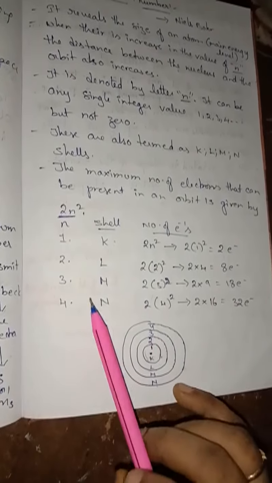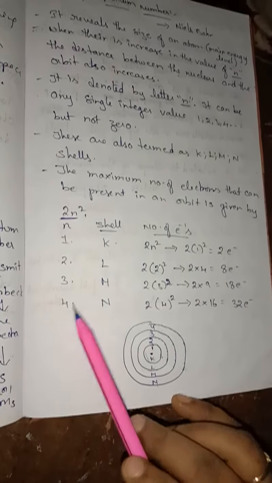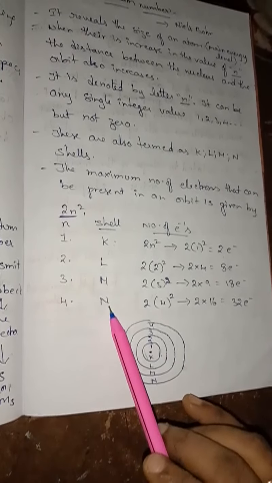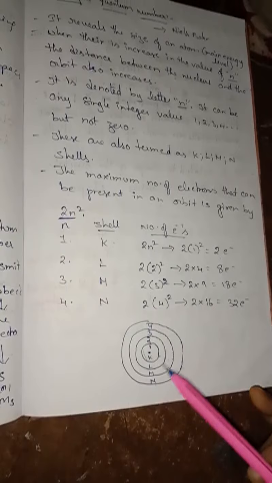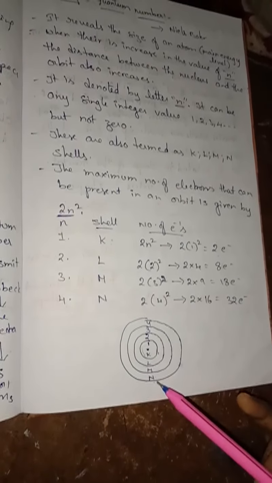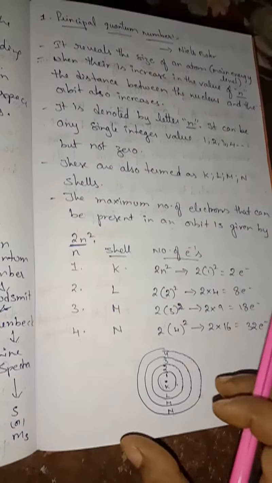Clear, children? And when n equals 4, the shell name is N, so 2 into 4 squared, that is 2 into 16 equals 32 electrons. So in the N shell, we get 32 electrons. 2, 8, 18, 32. This is how the principal quantum number describes the size of an atom.